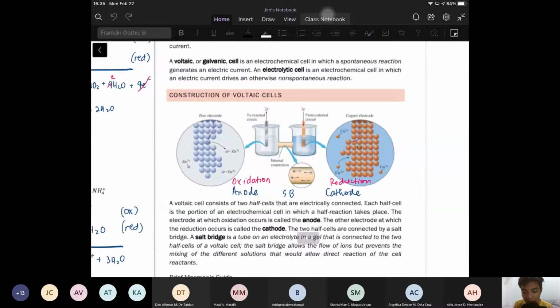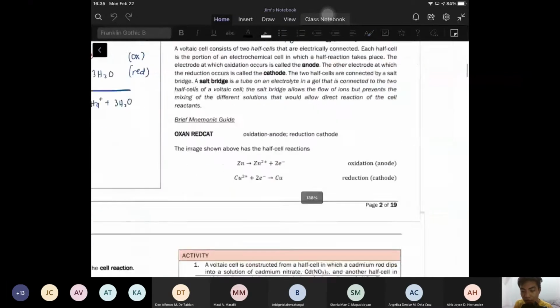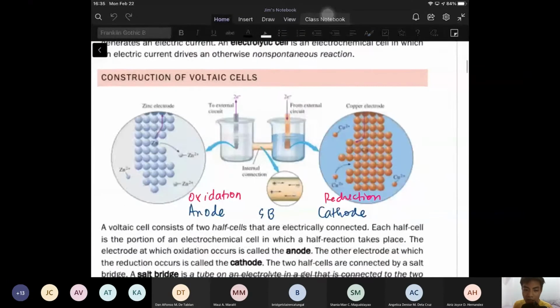In constructing a voltaic cell, like I said last time, it has two compartments. You have a solution and the electrode for your anode, and a solution and the electrode for your cathode. What happens at the anode? In the anode part of the solution, the oxidation reaction happens. In the cathode part of your cell, the reduction reaction happens.